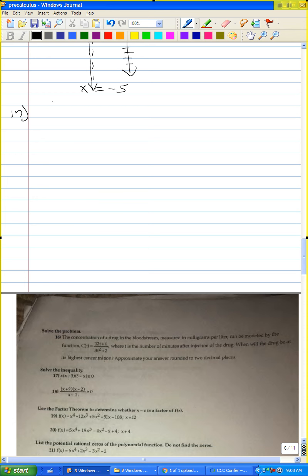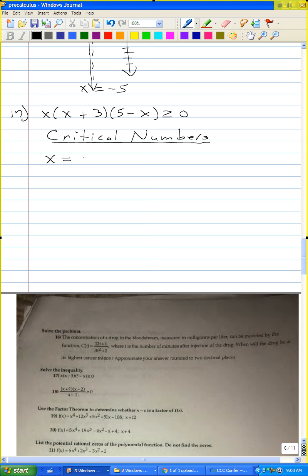So let's solve this inequality. Okay. So let's first find the critical values, the critical numbers, found by setting each of these to 0.